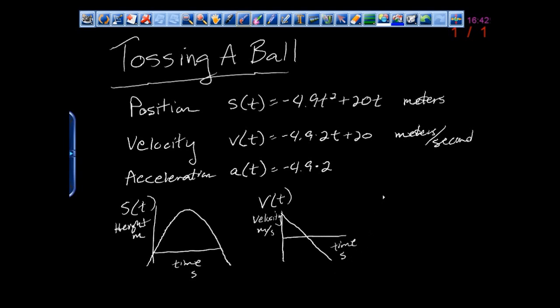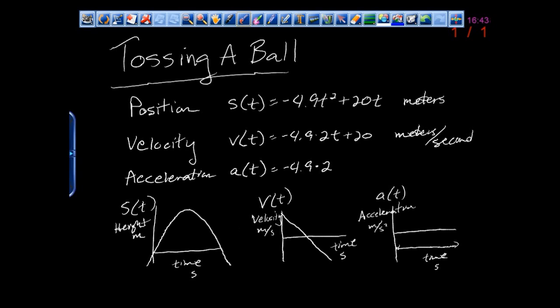And then lastly, we would ask them to graph the acceleration function, which looks like this, and it would just be very simple, a horizontal line. And that gives the acceleration of the ball at any given time t, acceleration in meters per second squared, and the time obviously is in seconds.